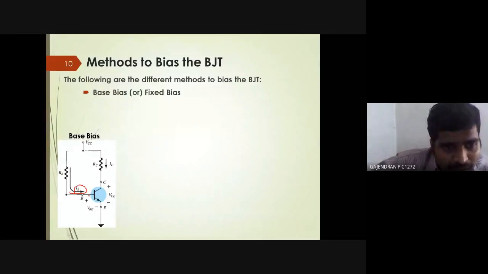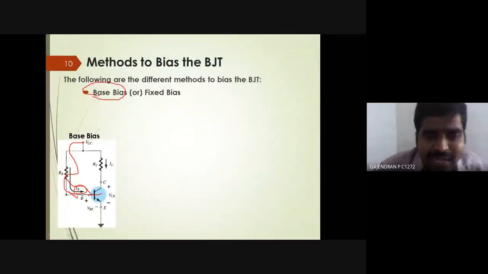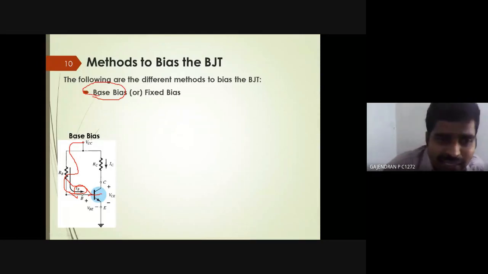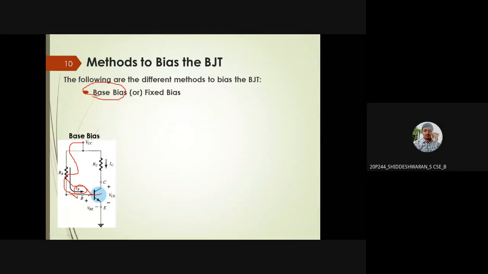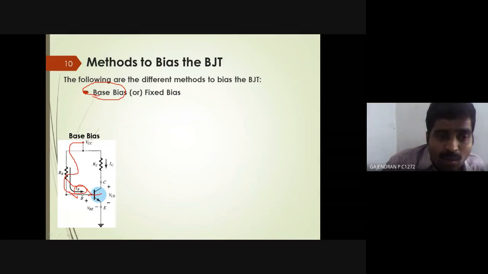So my input source, VCC, across the base, the voltage is taken to bias it, therefore it is called a base bias. Is it clear, sir? What is the name of the resistor? RB. What is the meaning of RB?